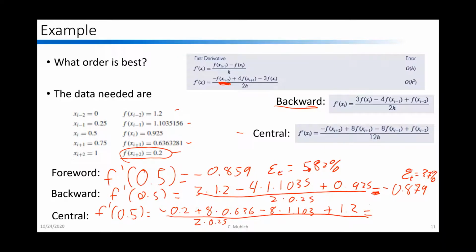If I do this out, I have negative 0.9125. This gives me a true error of 0. So we nailed it right on the head. You can see that our central difference gives us our best possible error estimation.